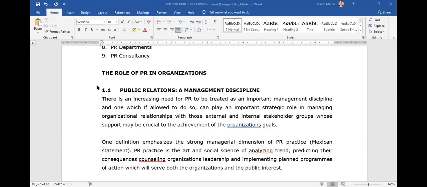Even in the service industries, like hotels, they ask for a diploma or a degree in public relations. Why? Because there is that increased need, and many organizations are taking that discipline seriously.